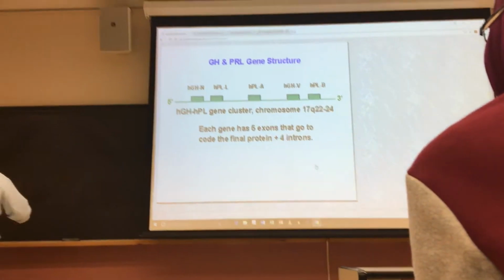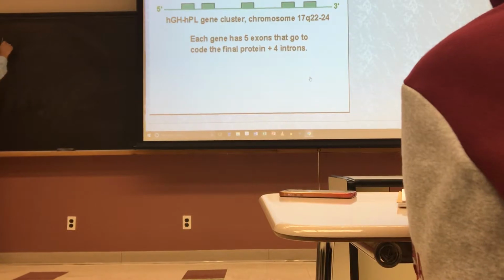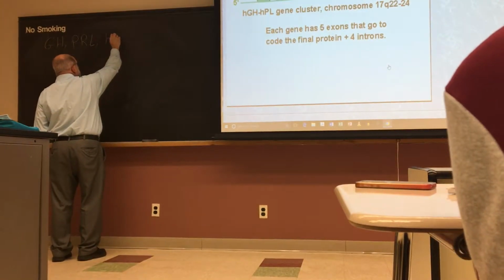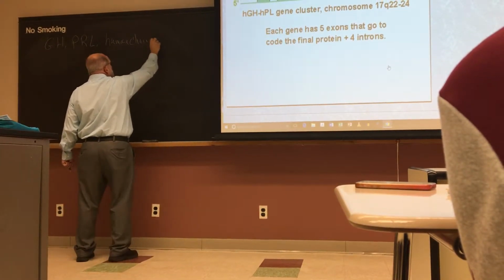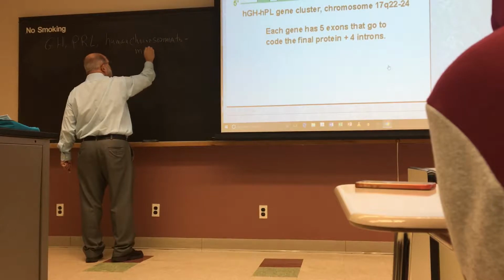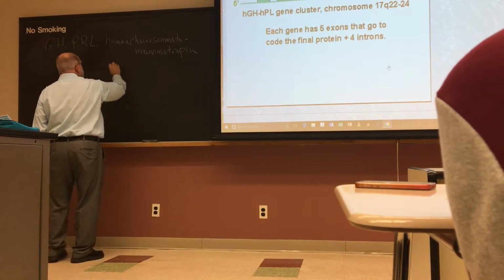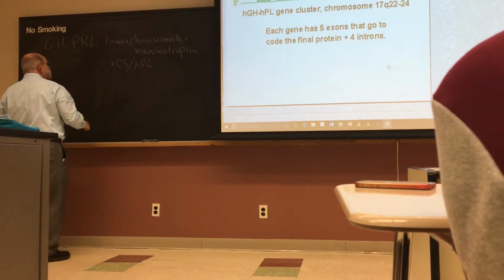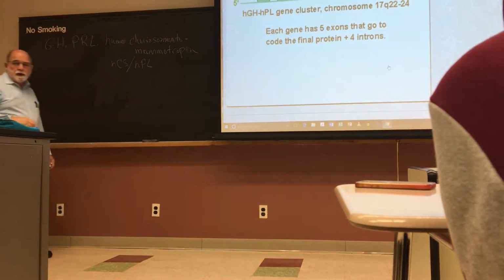Because it turns out that growth hormone, prolactin, and a placental hormone called human chorionic somatomammotropin, or HCS, which is also known as human placental lactogen, HPL, are all genetically, structurally related to one another.